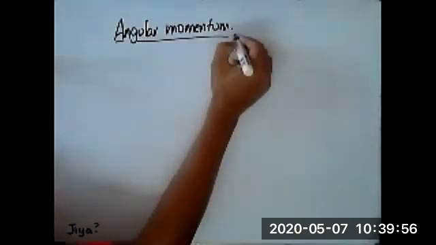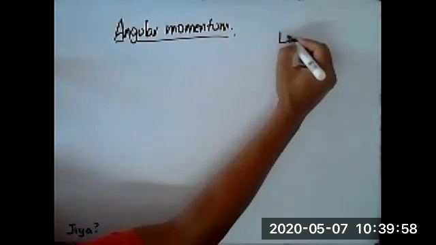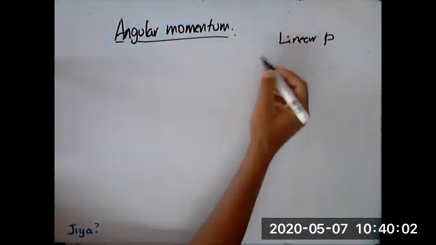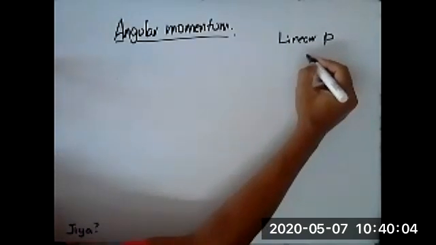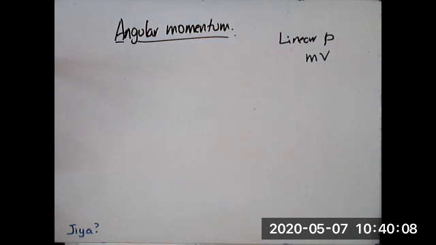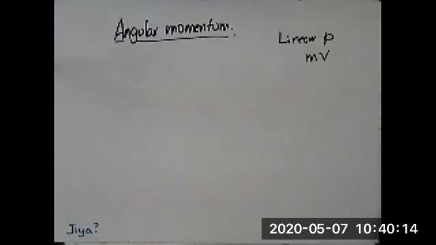What I mean by that is when we take linear momentum, momentum is given the symbol P, and we can calculate it by the product of the mass and the velocity of the object. We will not do that treatment for angular momentum because we do not have the maths to deal with it yet.